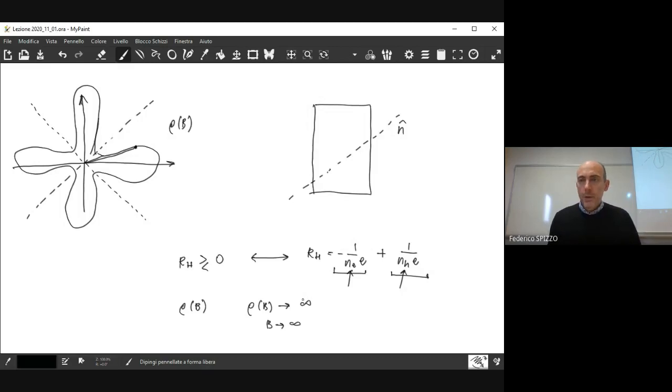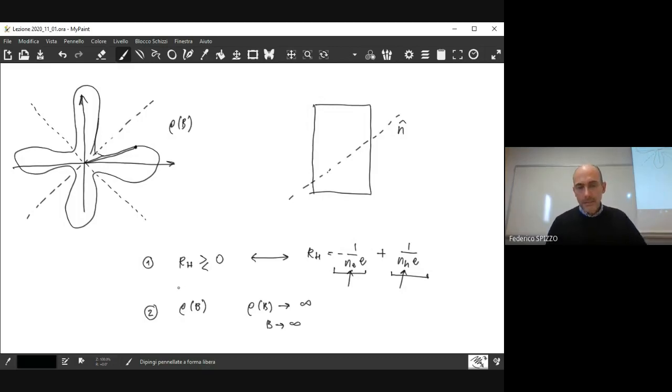So you always expect to have a relaxation time large enough to allow the electron to move through at least more than one zone, and then you also expect to have a magnetic field large enough such that only the open orbit is the orbit that is able to transport current within the system. So both conclusions, the one concerning RH and the one concerning the magnetoresistance, are now in agreement with the expectations that are found applying the semi-classical equations of motion.